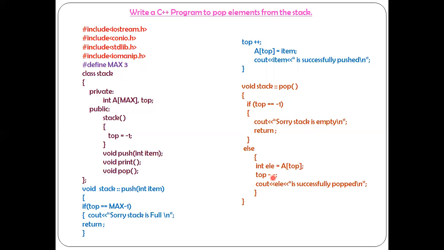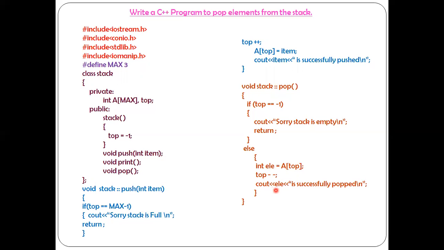During the process of deletion, do remember, every time top decreases by -1. During the process of insertion, top increases by +1, whereas in deletion, every time top decreases by -1. That is why top minus minus, it becomes now top is 0.